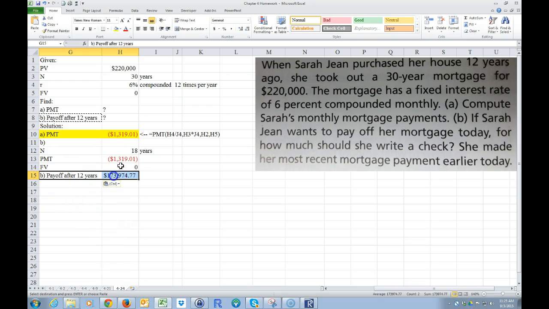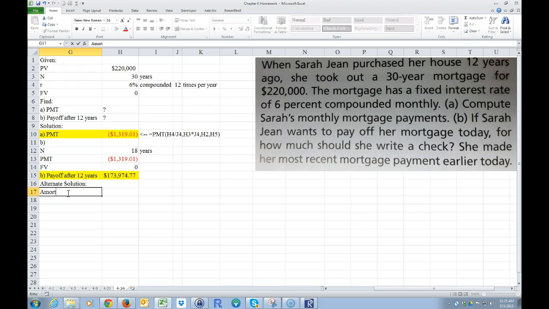Okay, now another way you could calculate B is you could do something called an amortization schedule. So we'll go alternate solution, amortization schedule. It sounds really complicated, but they're actually easy to make. Let me highlight these different sections here.